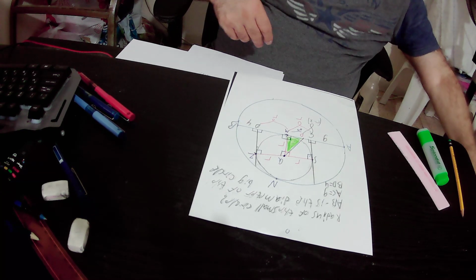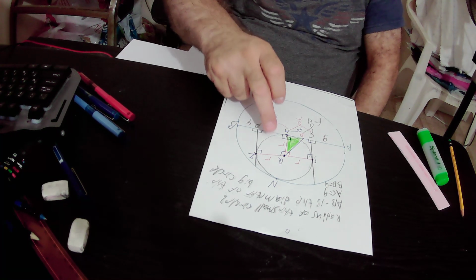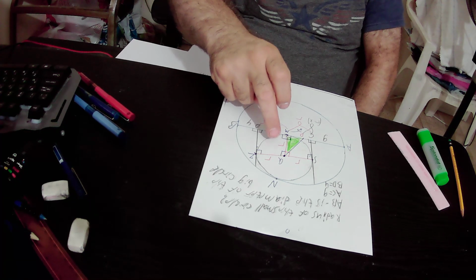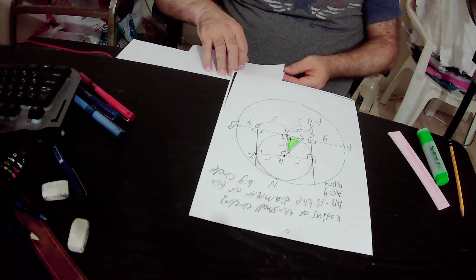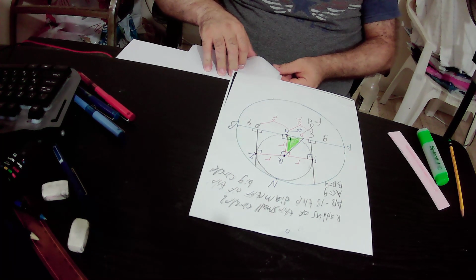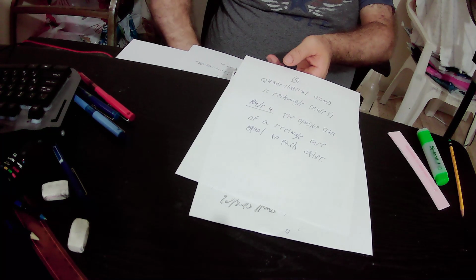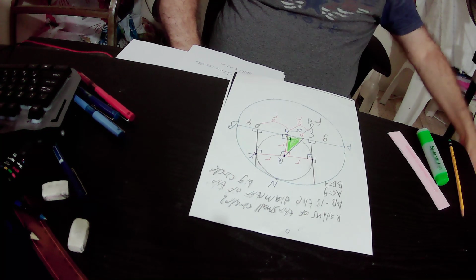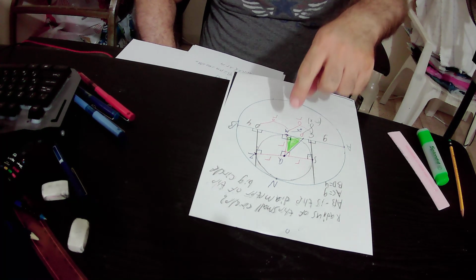So quadrilateral QZMD has four right angles, therefore according to rule number 3, it is a rectangle. And we have rule number 4 that states that the opposite sides of a rectangle are equal to each other. So we know that QZMD is a rectangle and the opposite sides are equal to each other.